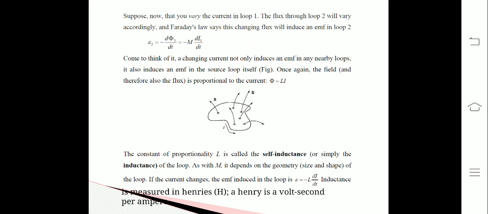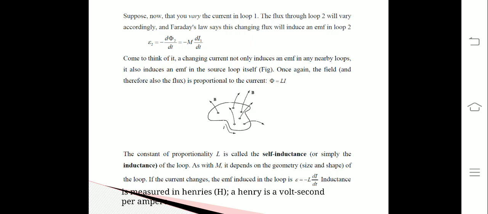If the current changes, the EMF induced in the loop is epsilon equal to minus L dI by dt. Here we measure inductance in henries. 1 Henry is a volt second per ampere.